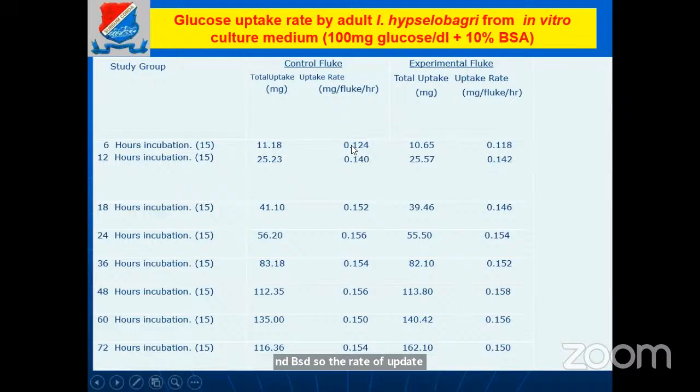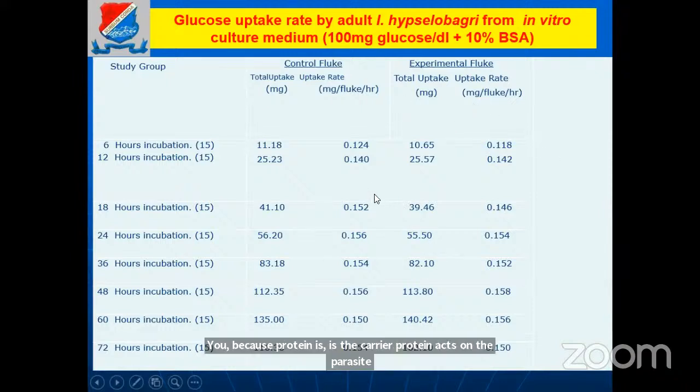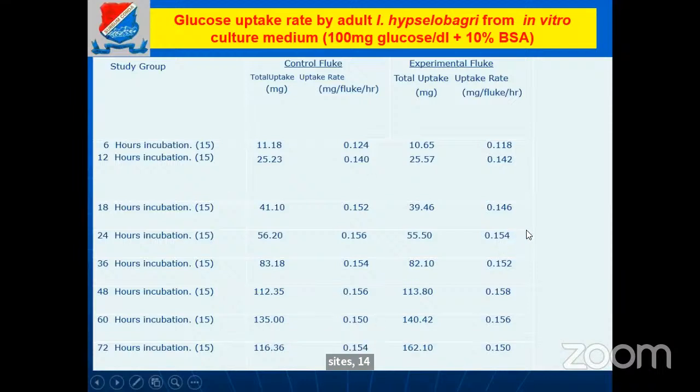The rate of uptake increases gradually, much more than the control experiment with simple glucose, because the protein acts as a carrier protein on the parasite. The parasite's protein helps to accept that protein.